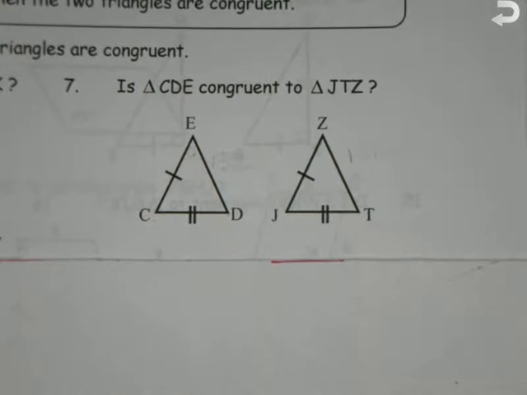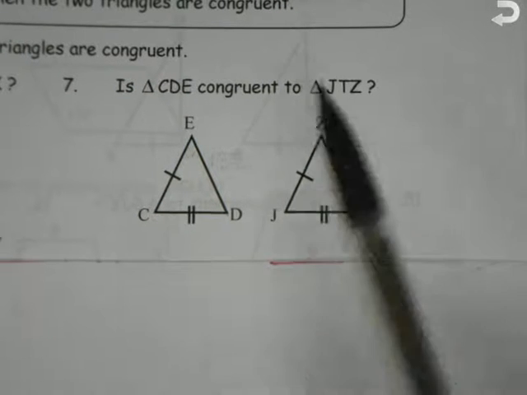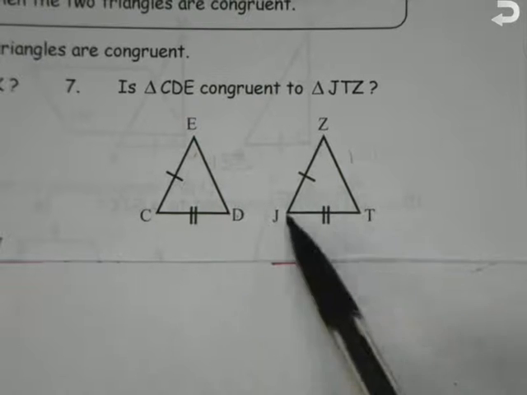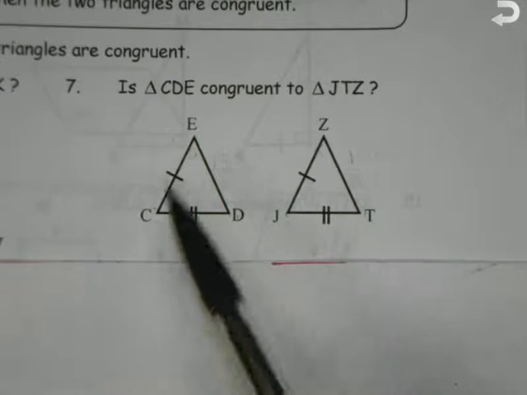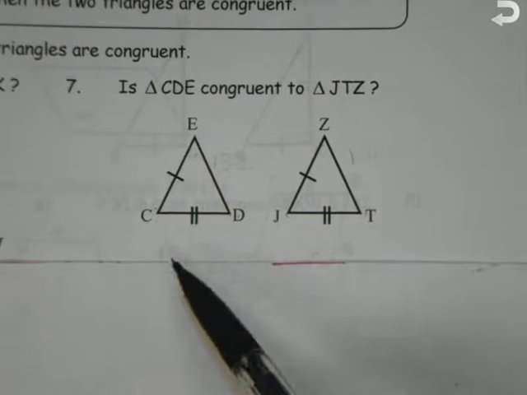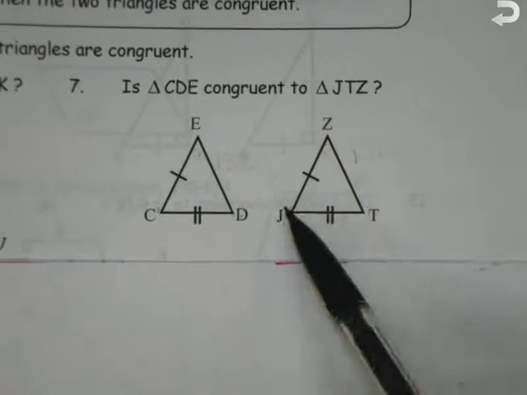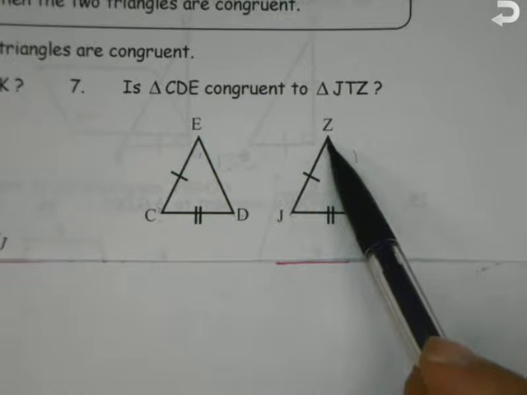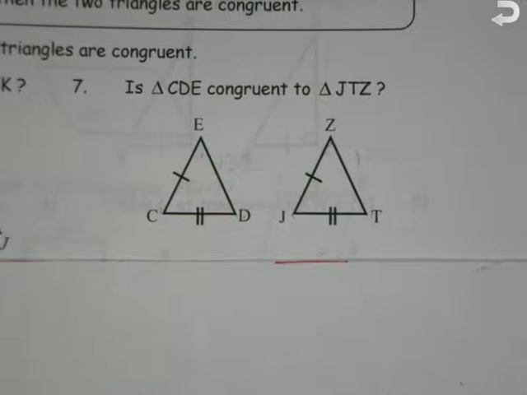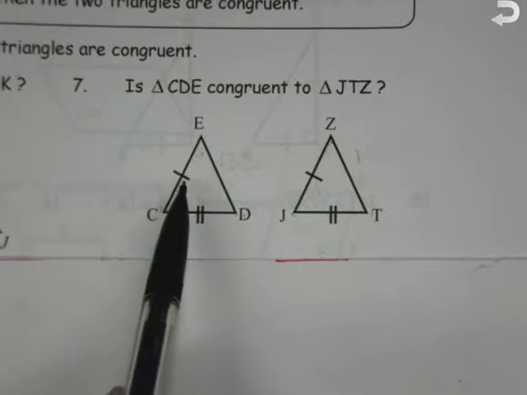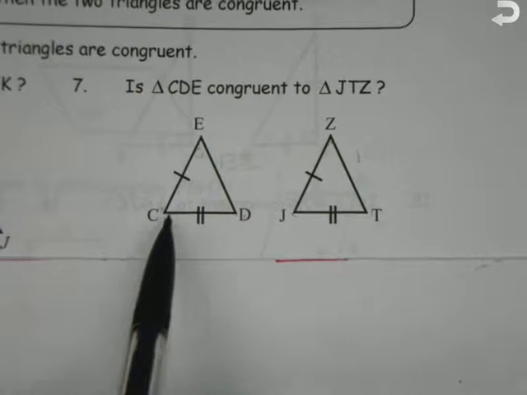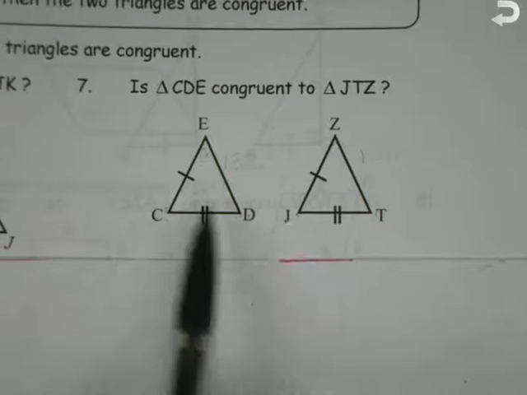Yes. Caleb, what sides? CD and JT are the same. Any other sides? CE and JZ. Okay, so the problem tells me that CE and JZ are the same and CD and JT are the same.